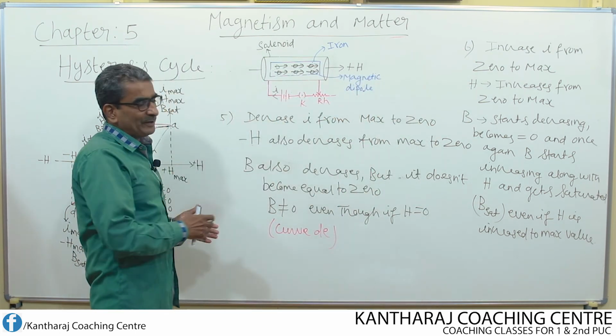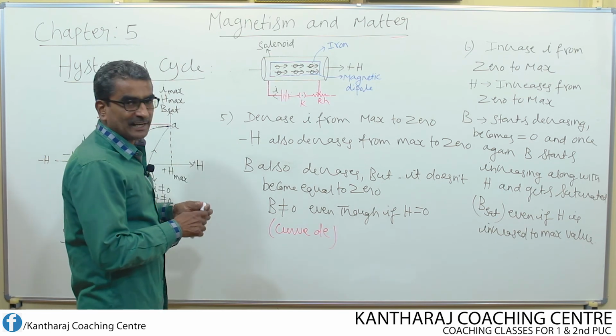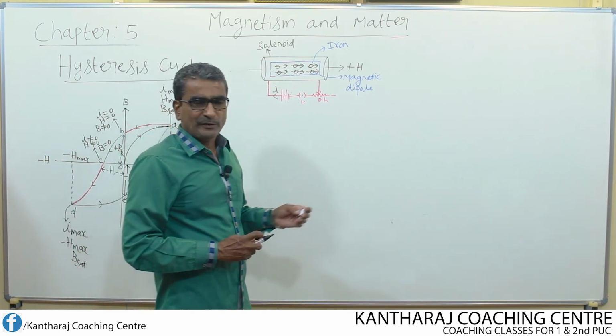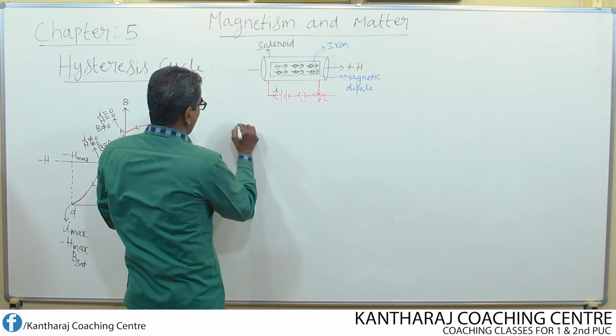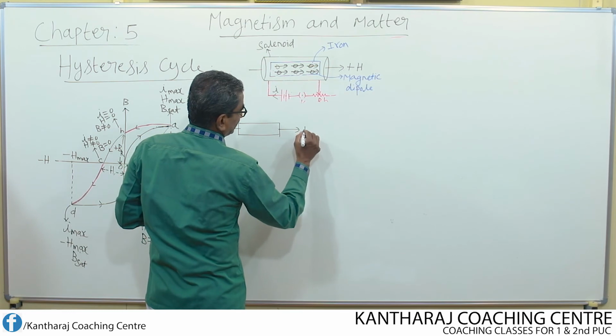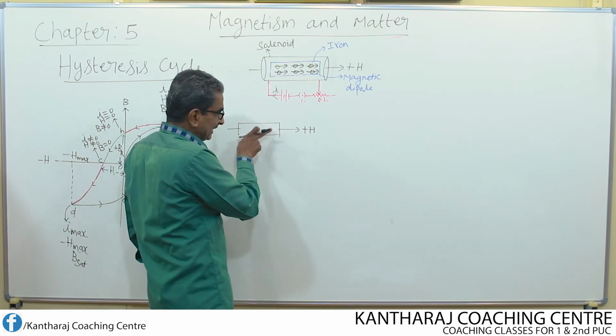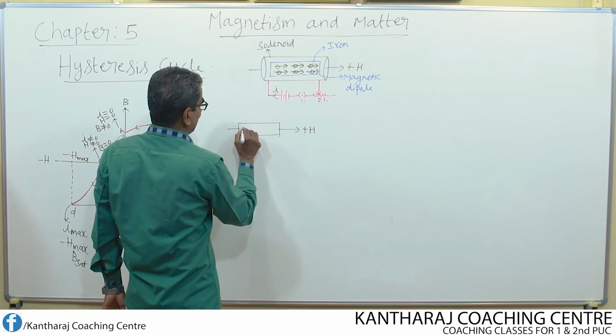So what we have done so far, let us write this in the simplest format. We magnetized the material by applying plus H, that means magnetic intensity in the positive direction. We magnetized this.